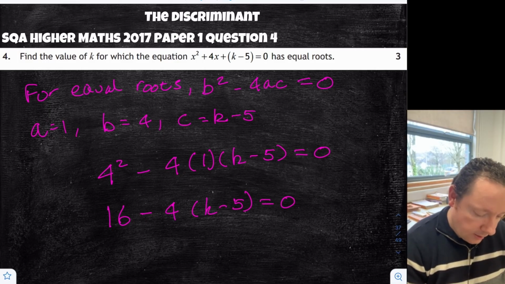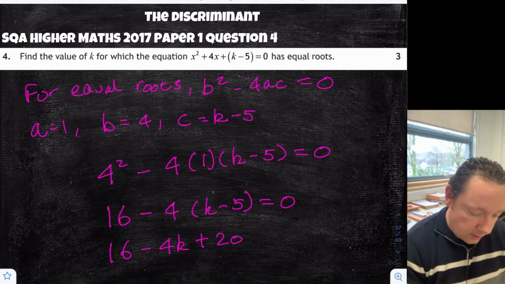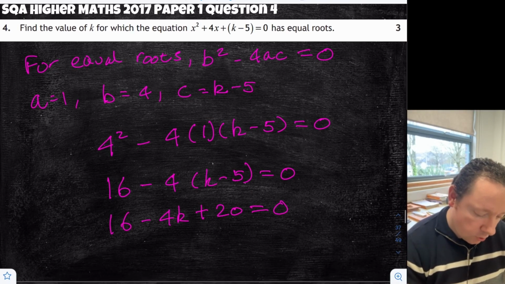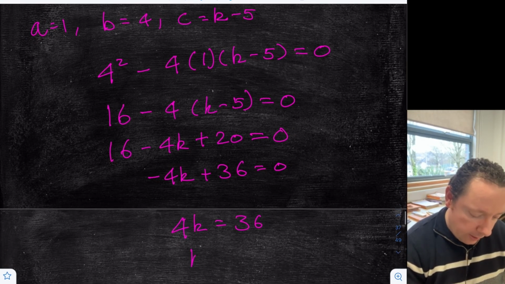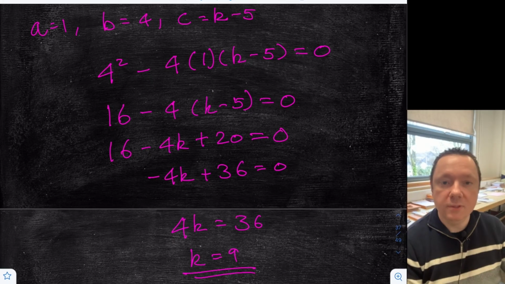So that's 16 minus 4k plus 20. Minus times a minus is a plus. 16 plus 20, so we get minus 4k plus 36 equals 0. Taking the 4k over, we get 4k is 36, and therefore k equals 9, because 4 times 9 is 36.